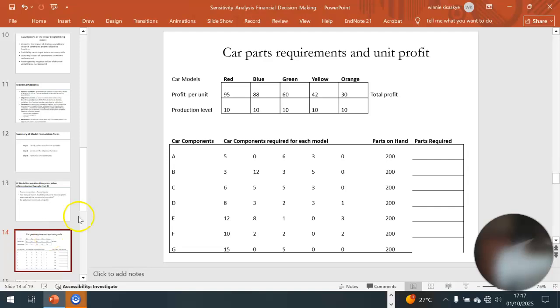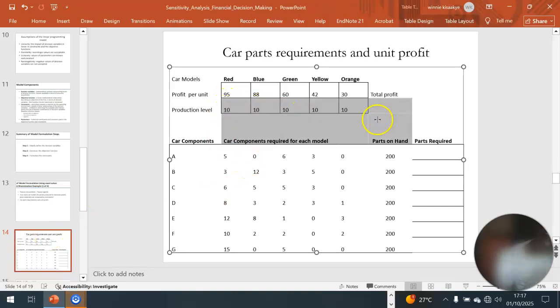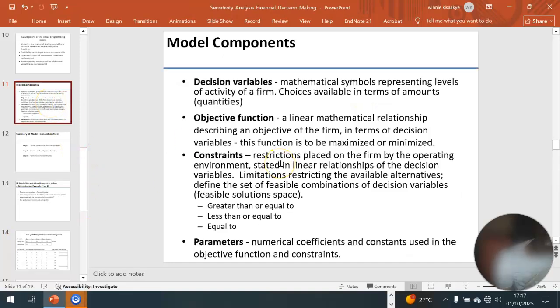So when you come here, these production levels are going to determine the amount of profit that you are going to make at the end of it all. So that's why we are saying that this objective function is normally based on the decision variables. In this function, you either maximize profits or you minimize costs.